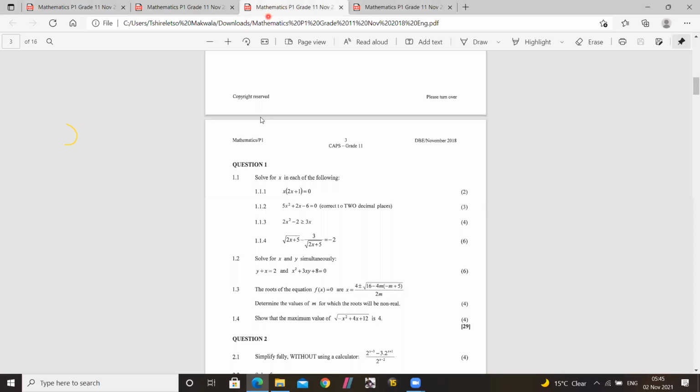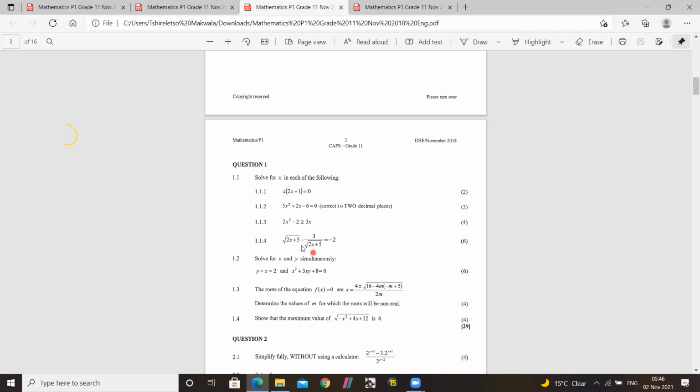Then I'll go here to 1.4. This is another type of question that you can find. This one is if you have two sets, you see.